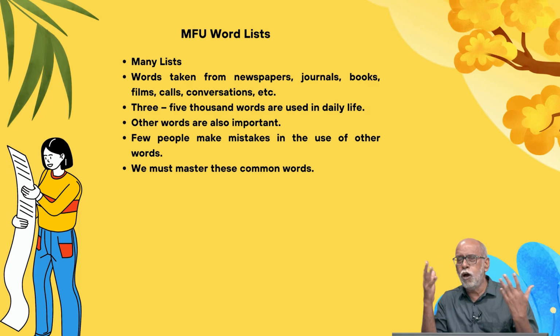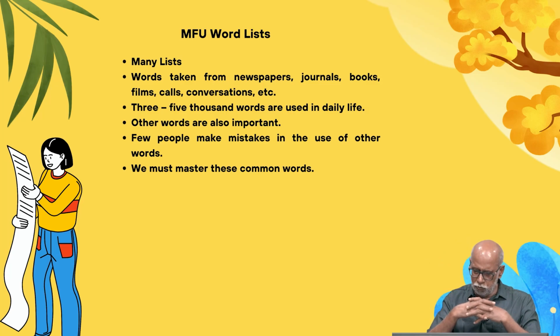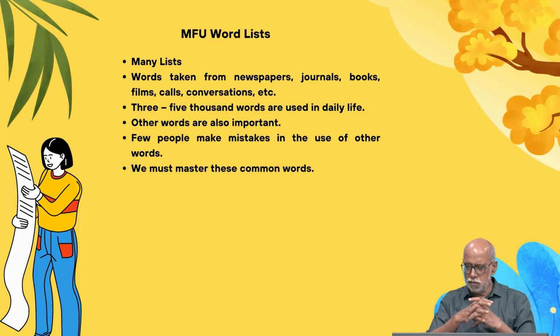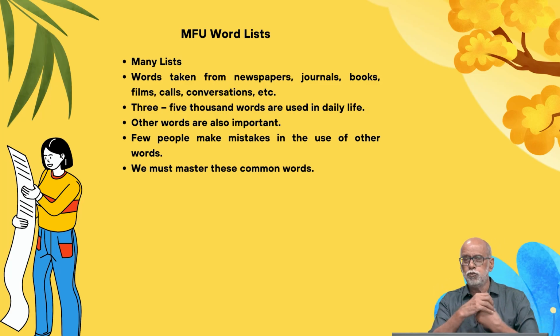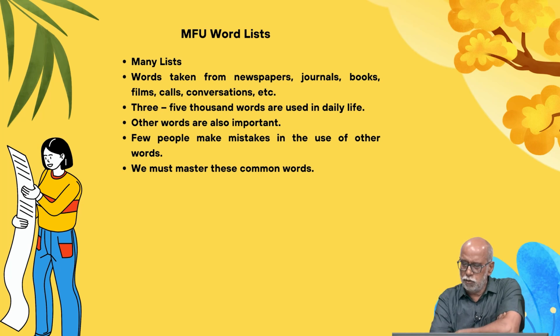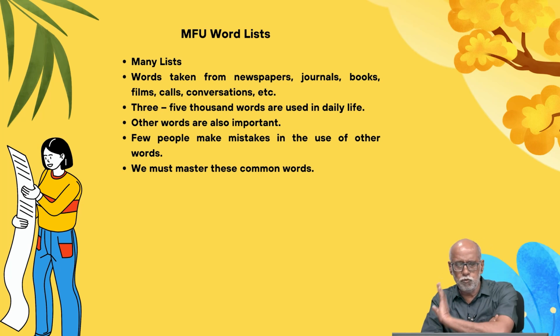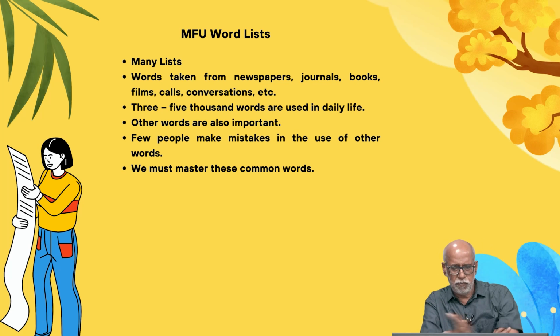So, no matter how many million words you look at, generally speaking, the English language has about 150 to 180,000 words in its ordinary average dictionaries. And it is out of these 150 to 180,000 words that we take 3 to 5,000.